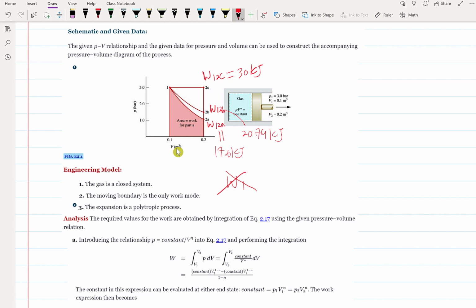Work can be defined between 2 states. So in these questions, the area under the curve represents the work and it is dependent on the path between the states.